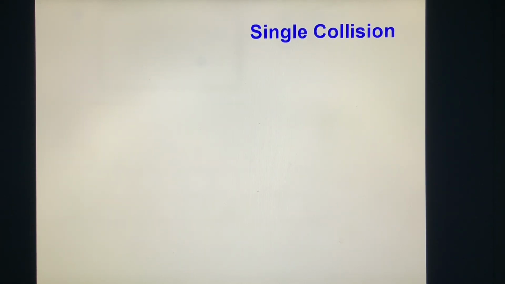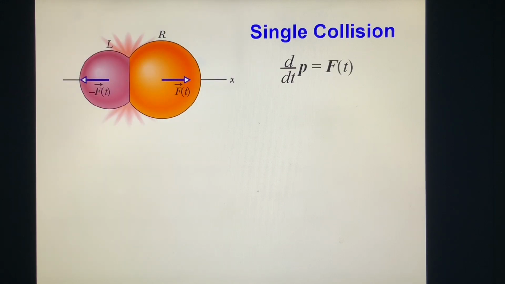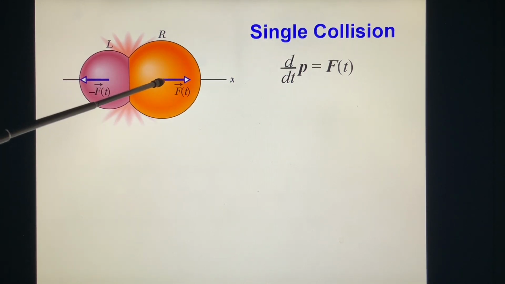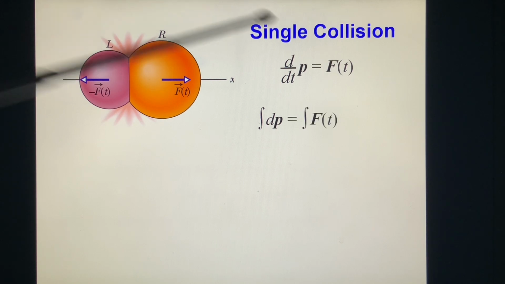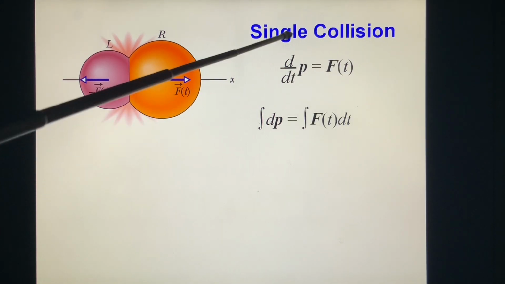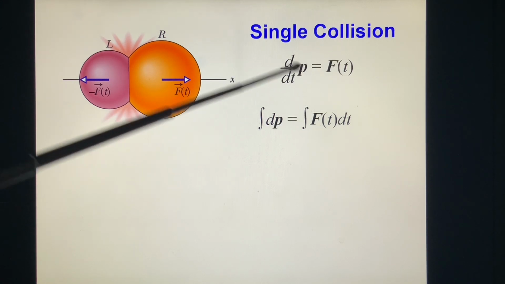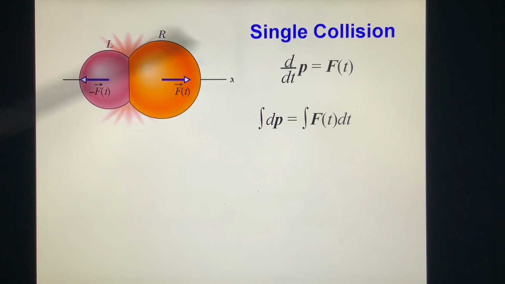Single collision. For a single one, we have dp/dt equal to F, where F is the force acting. We move dt over, and we get the integration of dp equal to the integration of F(t) dt. What is this?